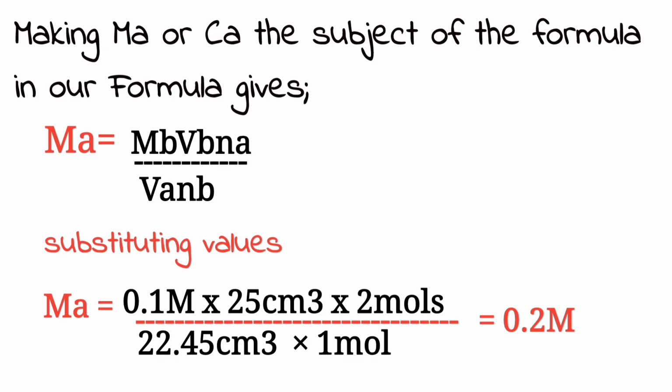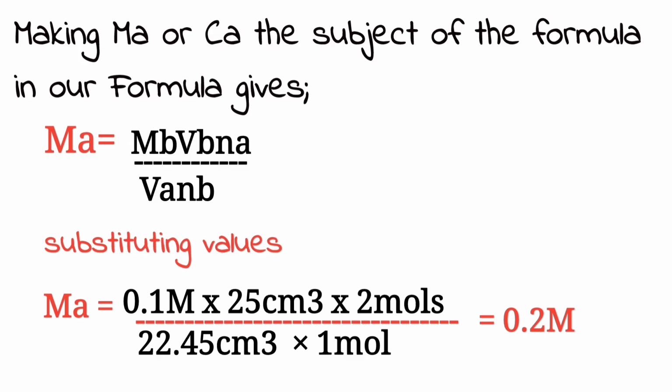The concentration or the molarity was 0.1 molar times volume of base. The volume of base is the volume of the pipette. We pipetted 25 cm cube of the base from the volumetric flask to the conical flask. That is the volume of the base, the volume pipetted. That's the volume of the pipette, which is 25 cm cube, times number of moles of acid.